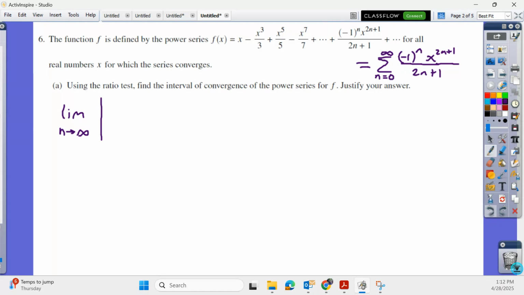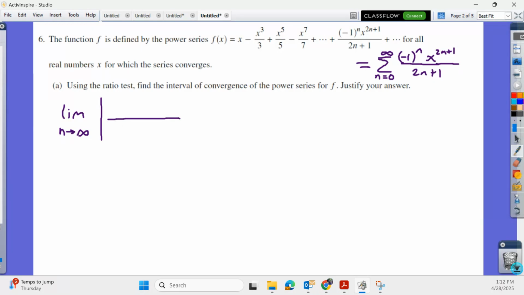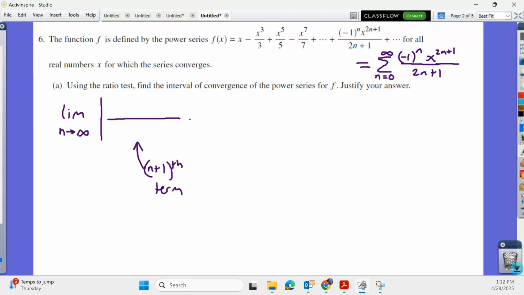So I want to do the n plus 1th term divided by the nth term. What I'm going to do is the n plus 1th term, and then times the reciprocal of the nth term, because when you divide fractions, you multiply by the reciprocal.